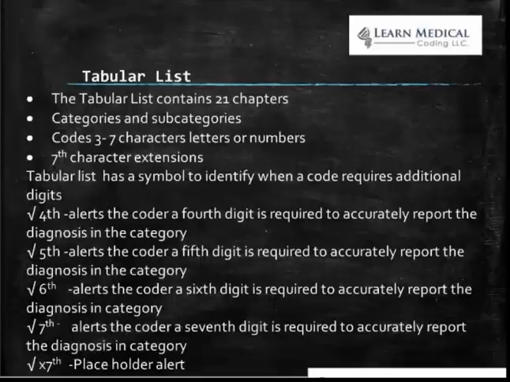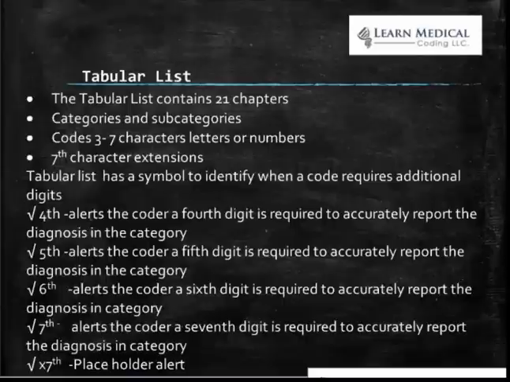Now, when you're looking at these codes, you're going to see symbols next to these codes letting you know how many characters are required for this to be a complete code. So if you see a check 4, that means there are 4 characters required for the code to be complete. If you see a check 5, this alerts the coder that there's 5 characters needed for this code to be complete.